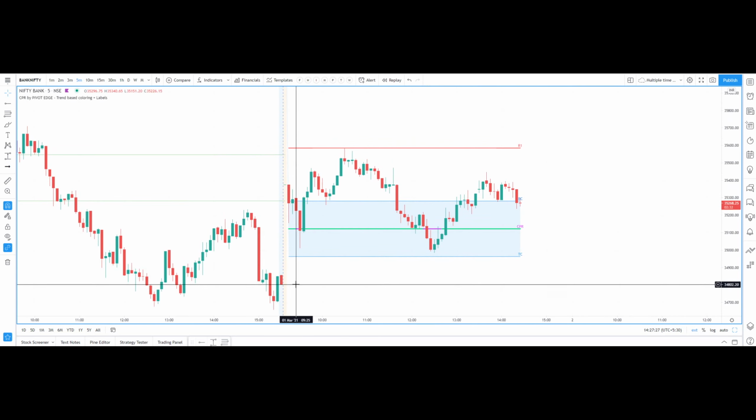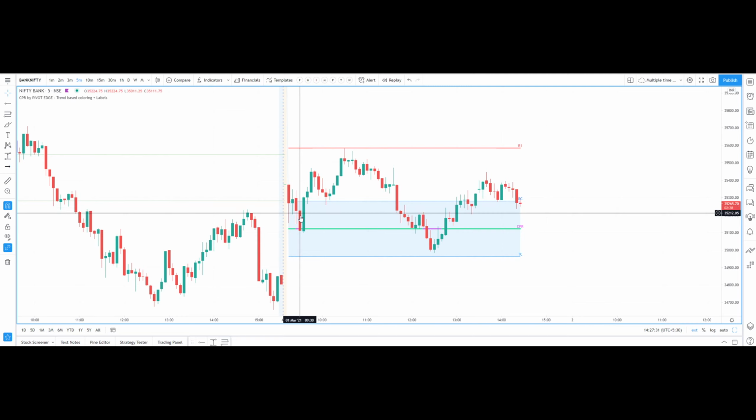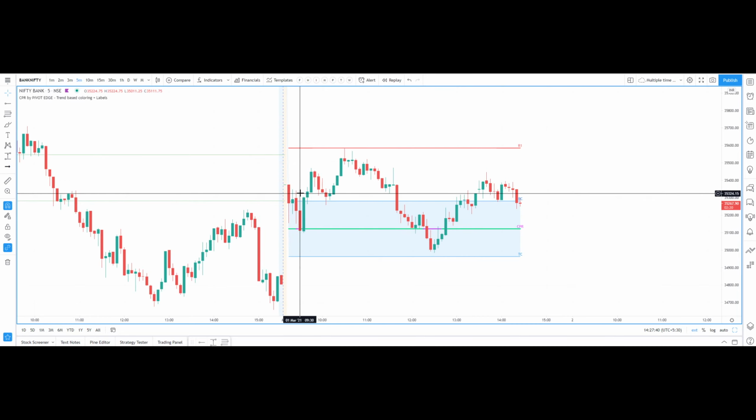Bank Nifty opened gap up today. After the gap up opening, it came down, it saw some weakness and it took support at our CPR level. So if you have to enter a trade, you need to wait for the first 10 or 15 minutes and then see where it is taking support or rejection.